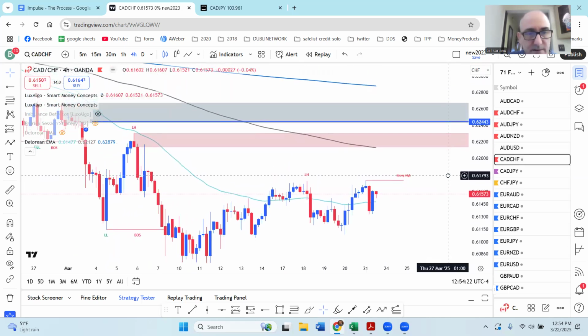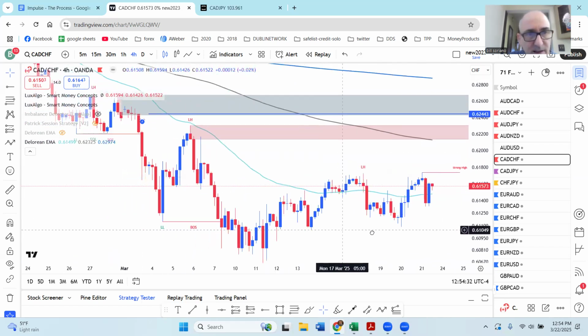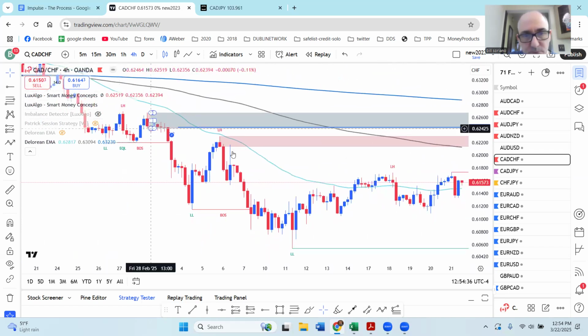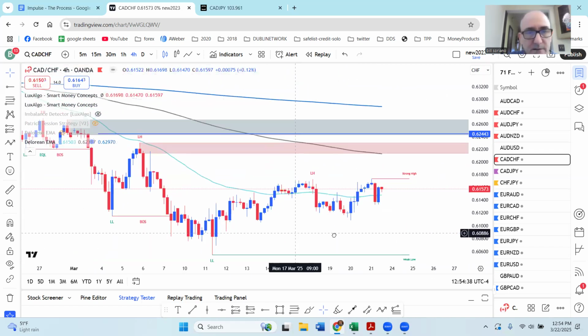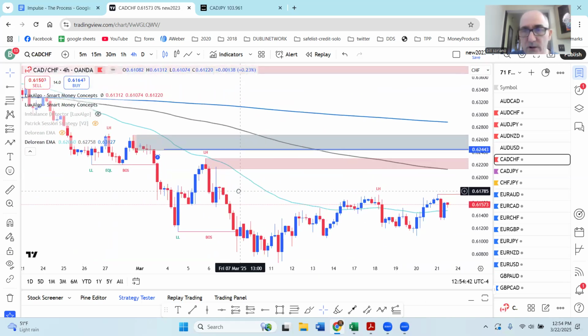CADJPY, this looks valid. Now you can see here we have a new order block because we got this break of structure, this trend continuation to the downside. Even without the EMAs, you could see that this was moving down. Now we have this new zone right here that we could target.